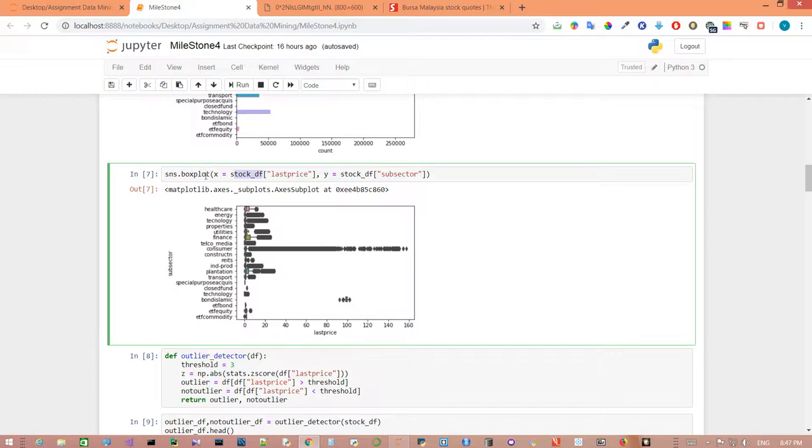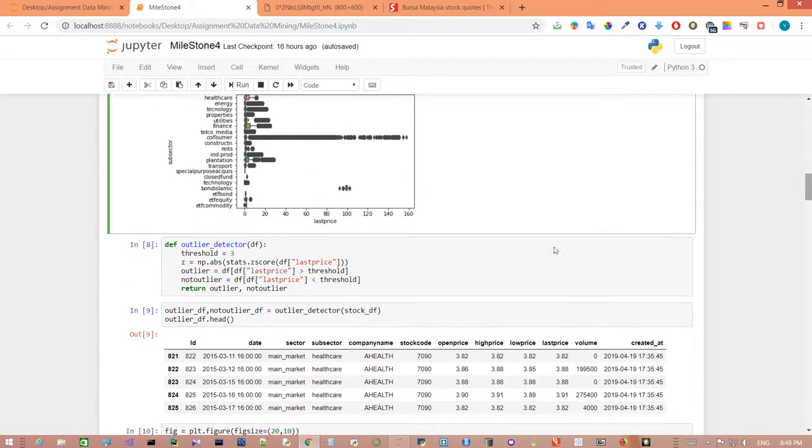I have plotted the box plot of this data, and this is the box plot, which seems weird. There is no actual real data here, and it makes me suspicious of existing outliers in our dataset.